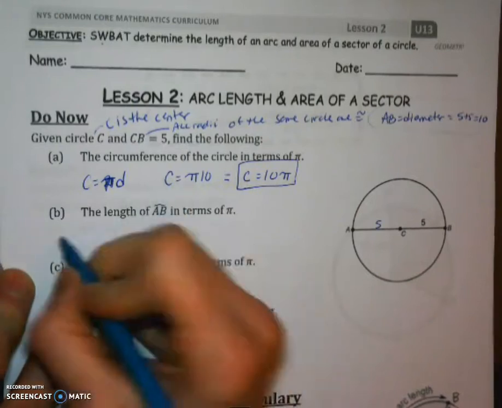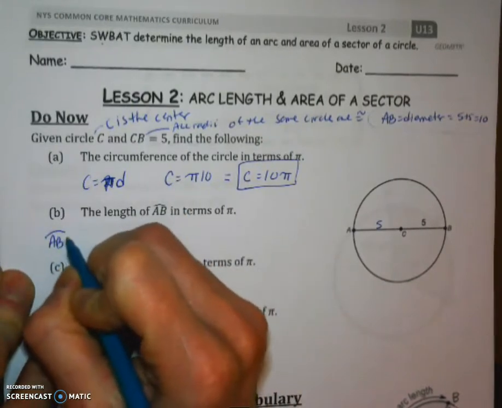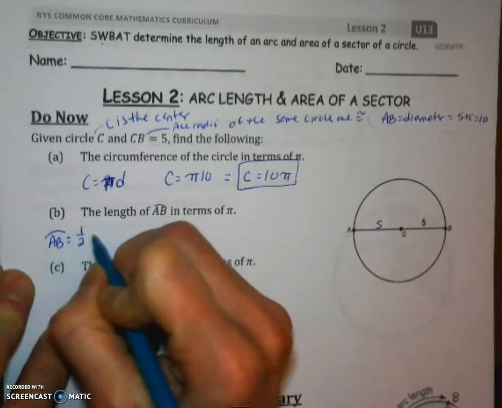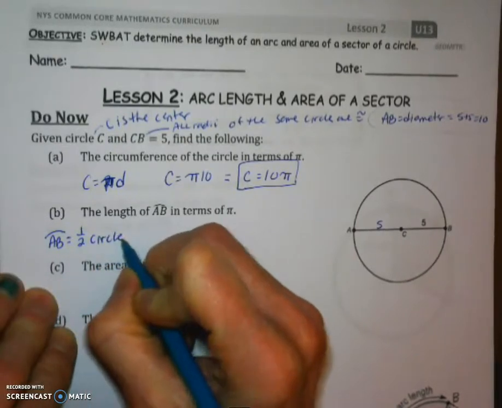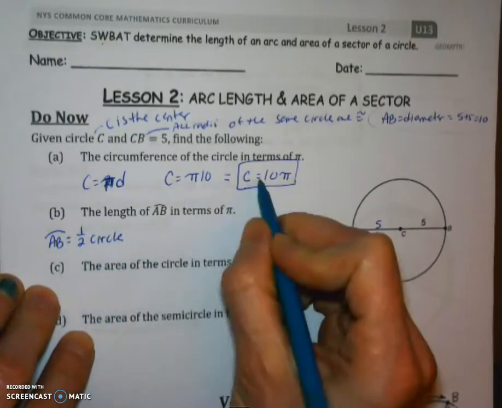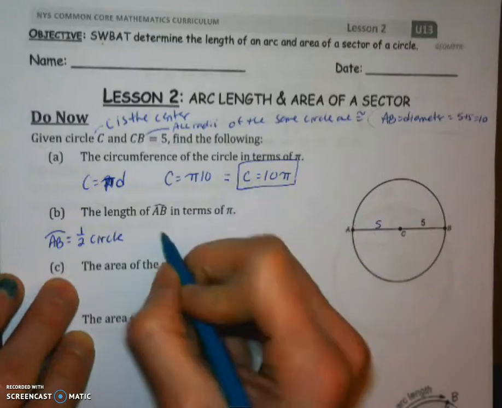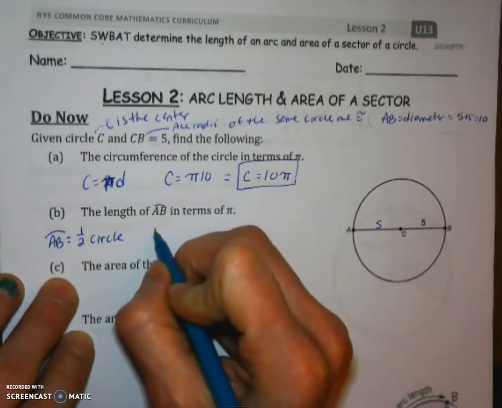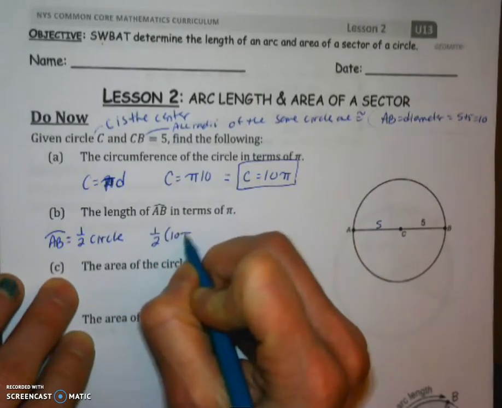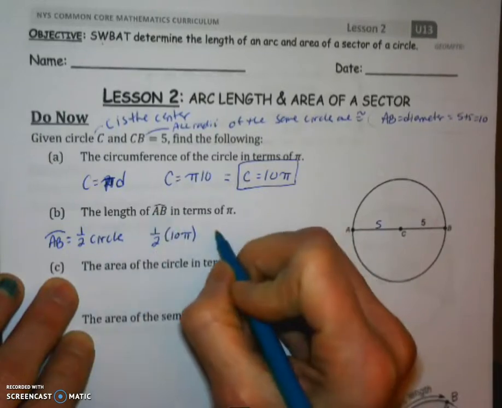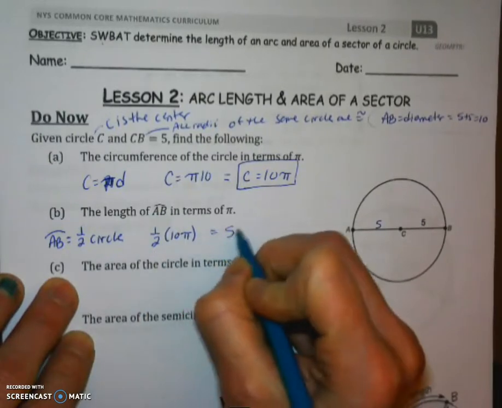So once again, arc AB is going to be equal to half of the circle. So we're going to take half of the circumference. We're going to simply do half of 10 pi. So the length of arc AB is equal to 5 pi.